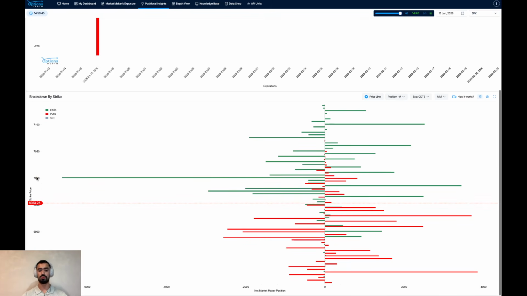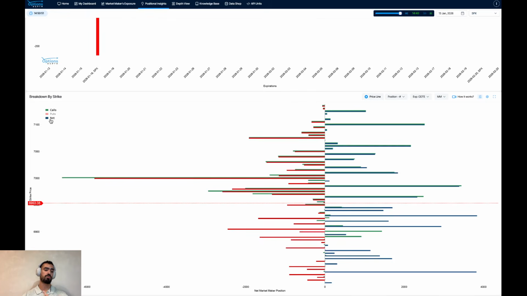So I'm able to quickly grasp. And also, what I do is that I remove calls, puts. I just put the net. I don't care whether it's a call or a put because we know that the hedging response is going to be the same regardless. So I just like to see where market makers are long options and where they're going to be short options. And this gives me a great context for intraday trading or scalping or little intraday trades.